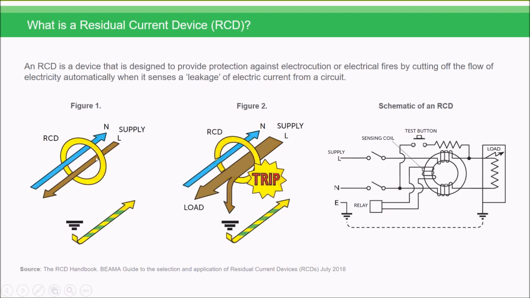So you can see there that a device is sensing and monitoring the supply. When it sees a leakage to earth, it automatically trips the device itself. And you can see a schematic of the RCD there, and you have a device that is able to sense that leakage current and disconnect the load itself.